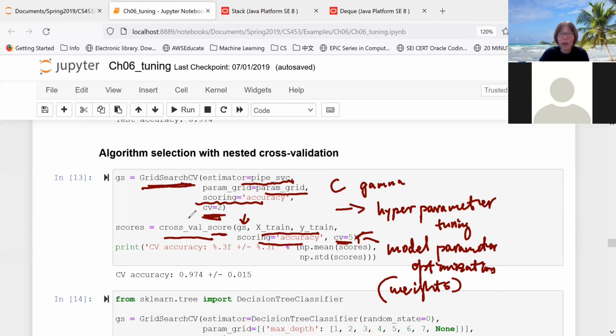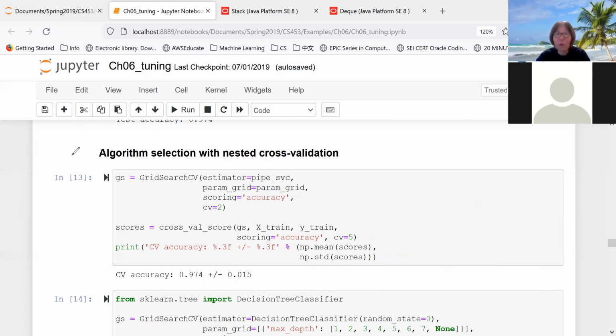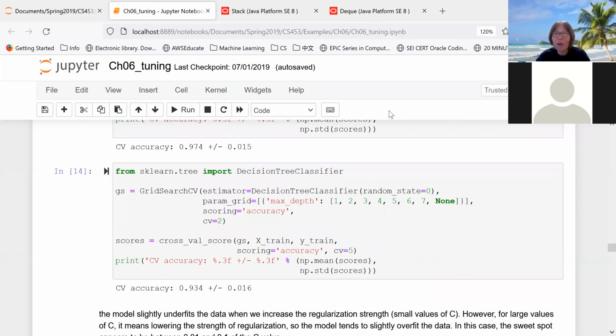We combine both together, and then we can collect the accuracy score. Here we collect the mean value and the standard deviation. So that's regarding how we combine both together.